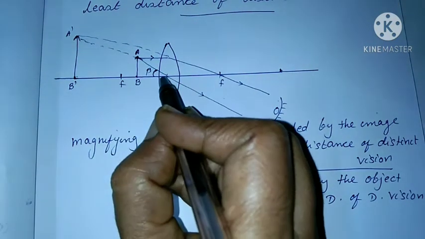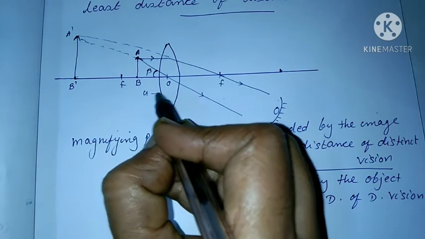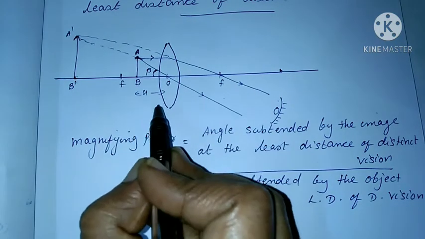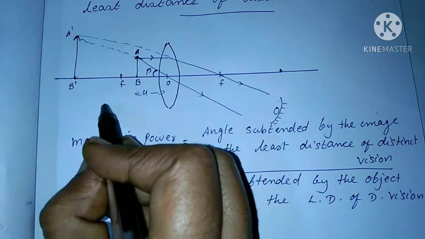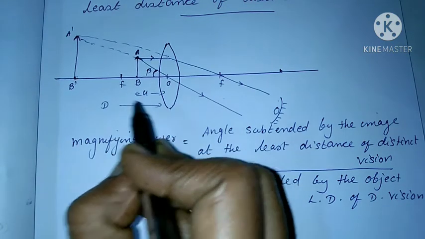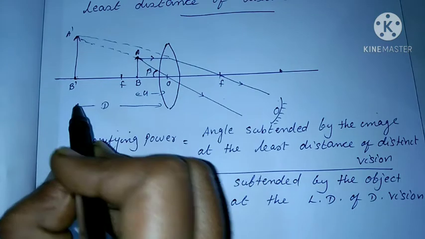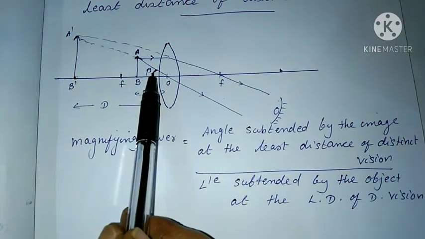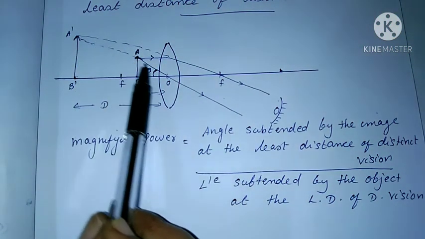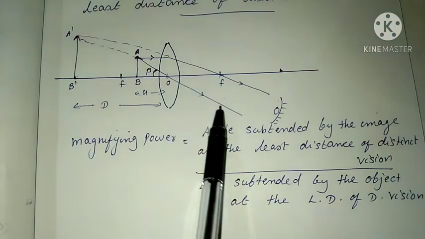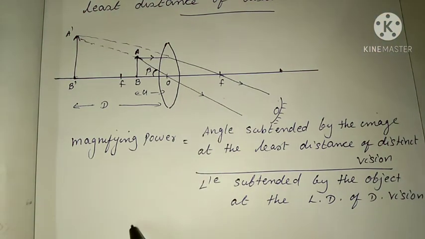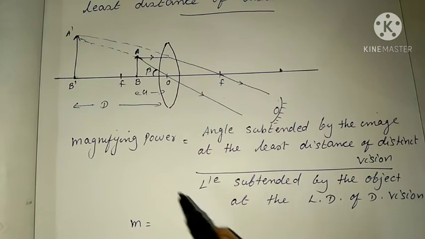And this is the object distance u. Clear? And the image is formed at the least distance of distinct vision, that is 25 centimeter. So this is the angle subtended by the image at the least distance of distinct vision. So we can write that as beta.